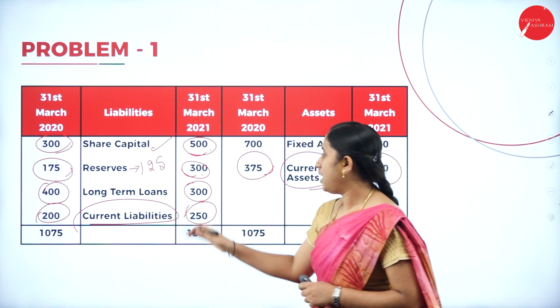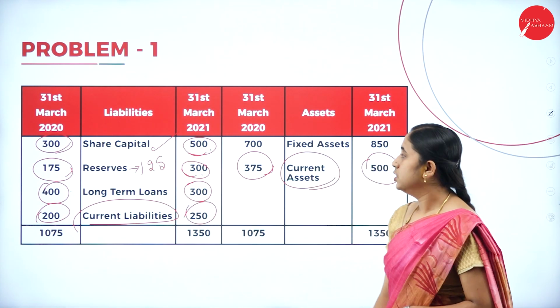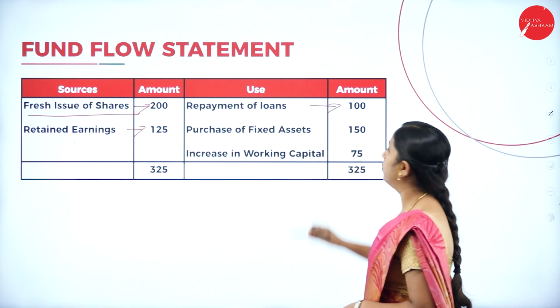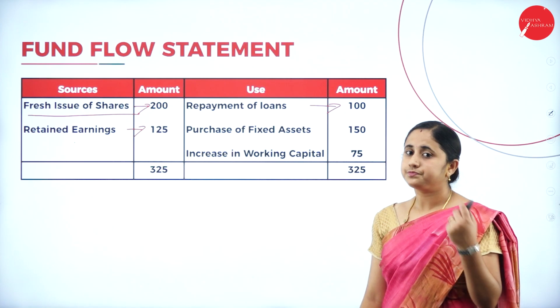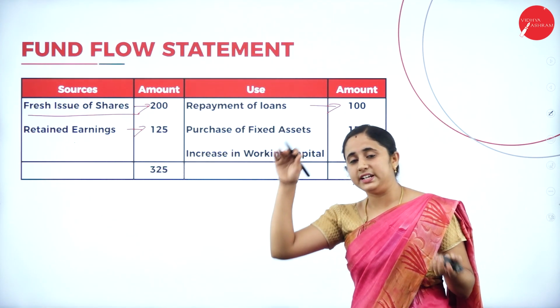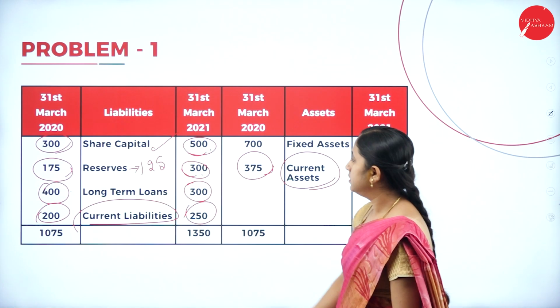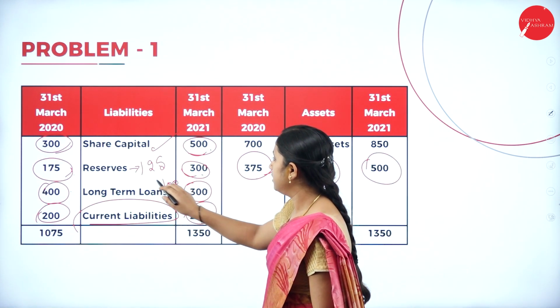So a decrease in liability comes under uses: repayment of loan 100.